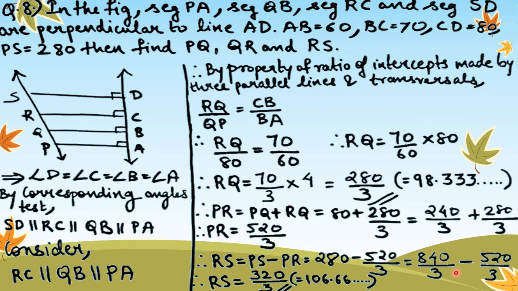So 840 upon 3 minus 520 upon 3 would be 320 upon 3. So RS is 320 upon 3. Here also the decimals will keep on recurring, 106.66666, repeating endlessly. So we better not divide it, just keep it in this rational form.